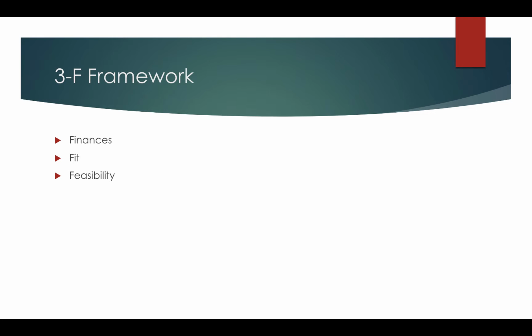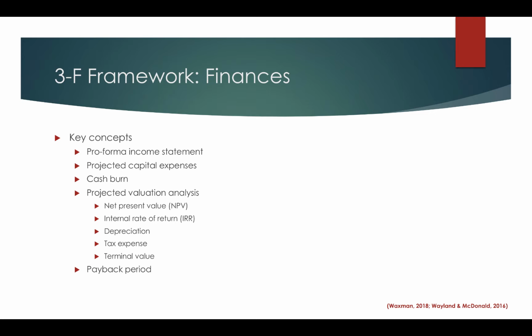The 3F financial framework consists of three elements: finances, fit, and feasibility. Within the finance section of the 3F framework, Waxman 2018 lists the key components: pro forma income statements, projected capital expenses with anticipated cash burn, and projected valuation analysis.